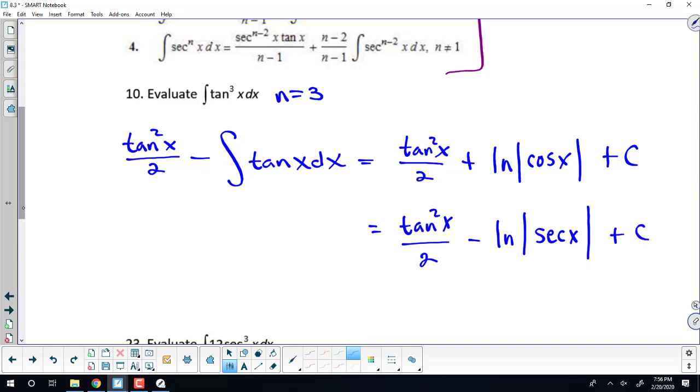So either one is fine, because we had two representations for the antiderivative of tangent. Okay.